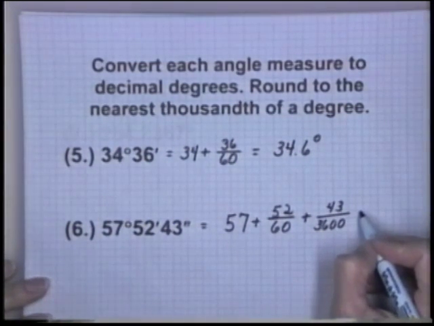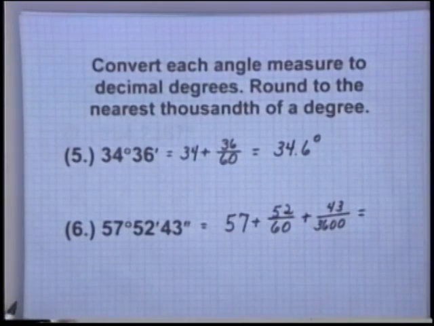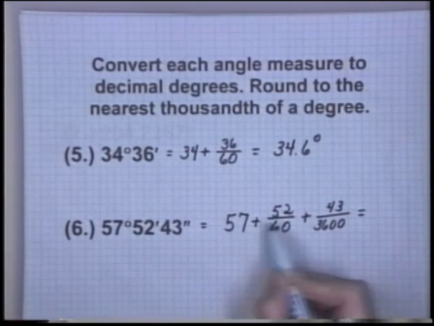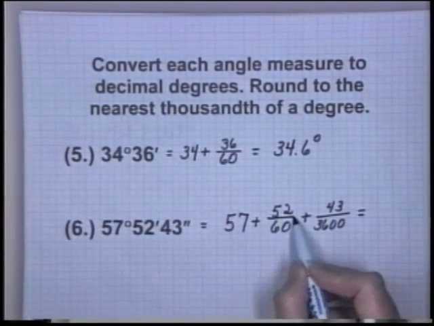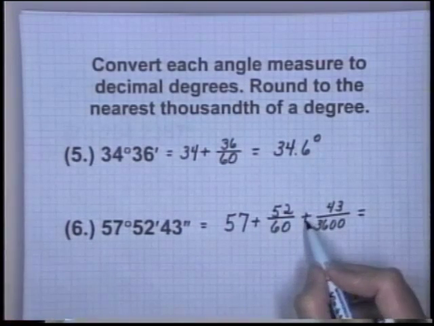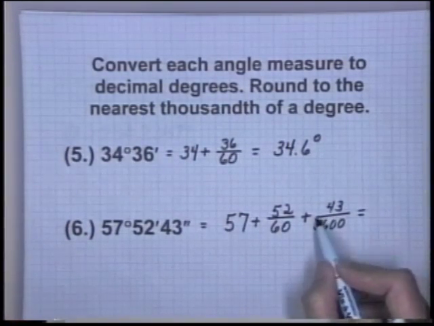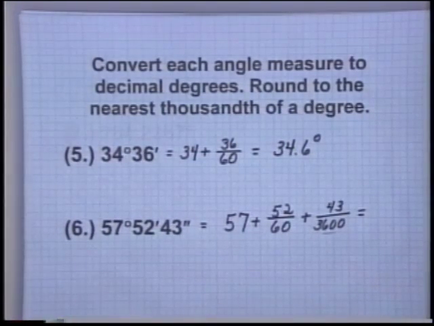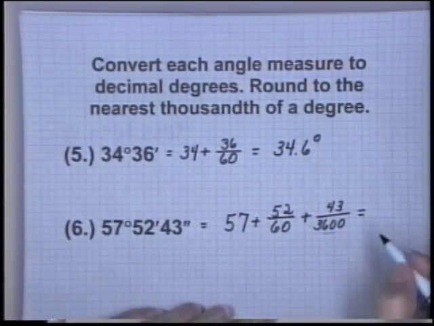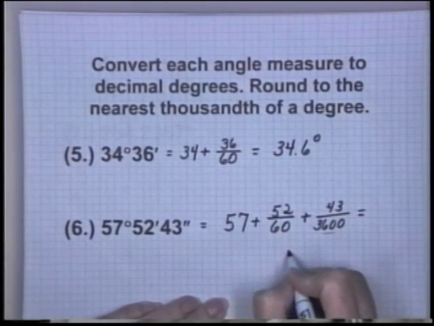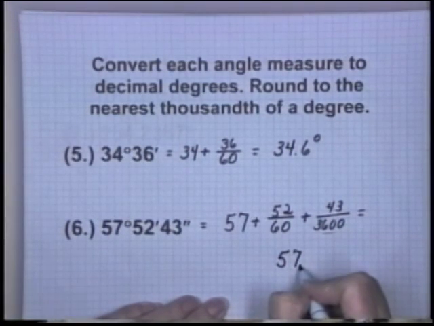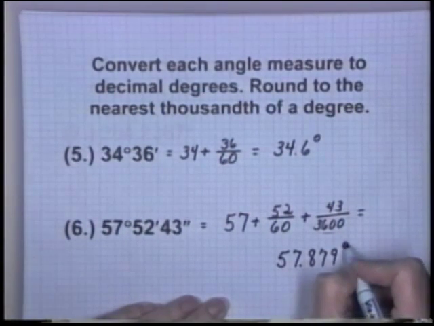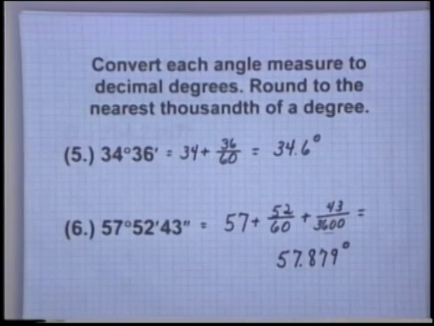So we will calculate that with our calculators. That would be 57 plus, enter 52 divided by 60 plus 43 divided by 3,600 equals, and when we round that to the nearest thousandth, that would be 57.879 thousandths of a degree.